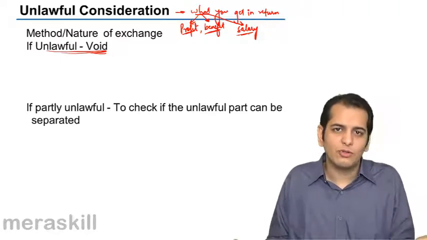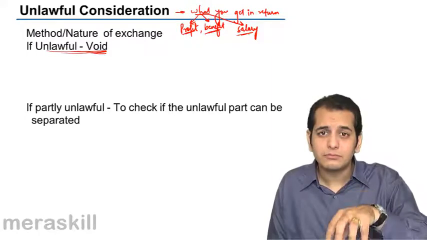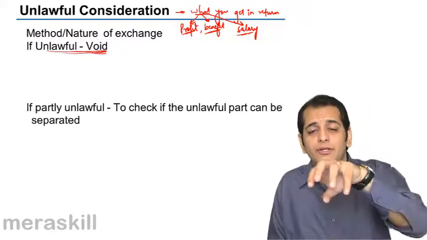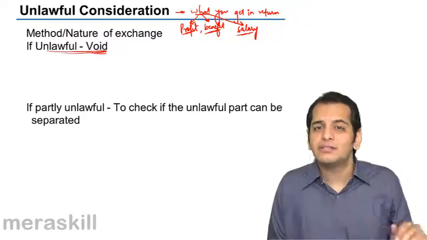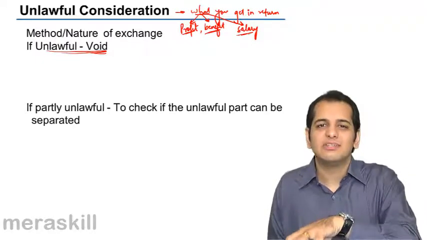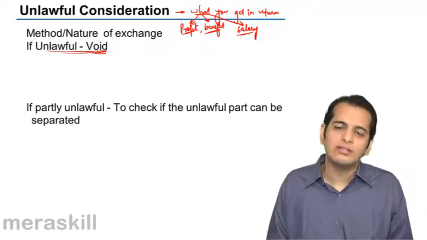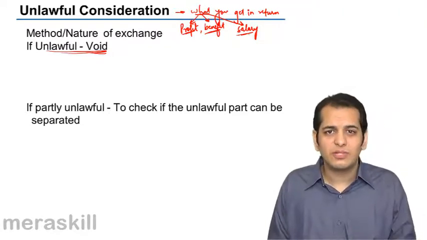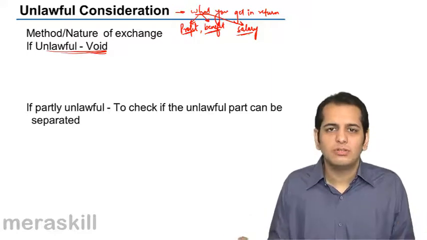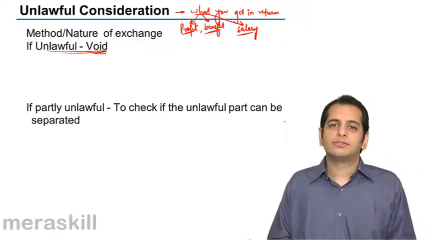If the object is lawful, the contract is valid. But in this case, along with the object, you need the consideration also to be lawful. The consideration in this case is unlawful, and thus, even though the object is lawful, the contract will become void.